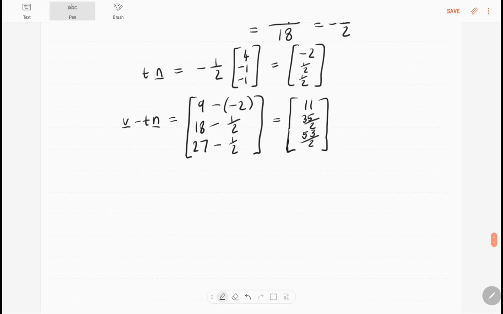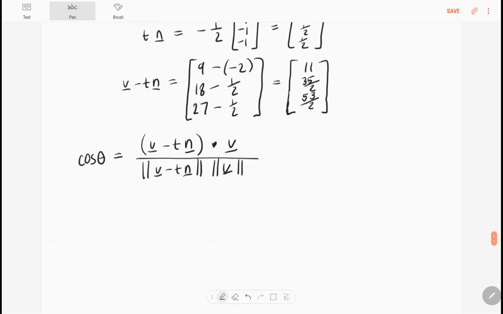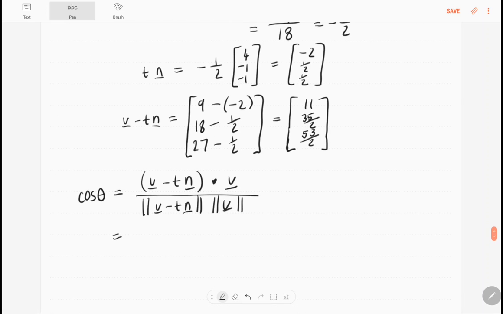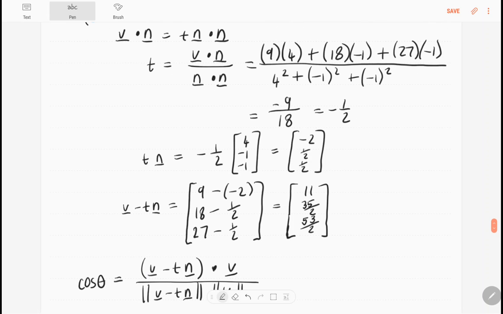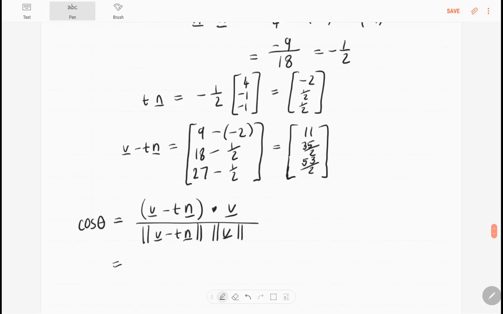So let me just rewrite that. Cos of theta is going to be (v minus Tn) dot v, over the norm of (v minus Tn) multiplied by the norm of v. So we have v minus Tn, we take its components, and we take the dot product of that with v, which has components 9, 18, 27.